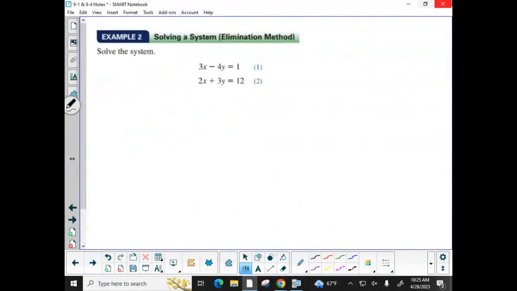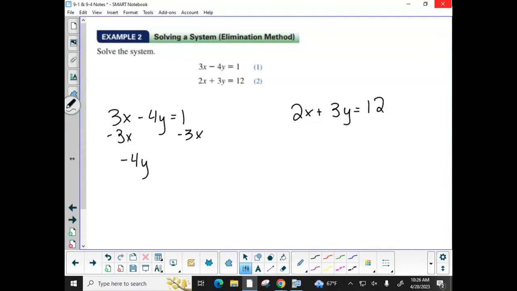I'll show you again. All right, let's try this one. It says elimination method. We're not doing that. We're just doing this by calculator. So we got 3x minus 4y equals 1, and I got 2x plus 3y equals 12, right? Going the same thing, solving for y. That means we subtract 3x on both sides. I like to write my x's first, so mine equals negative 3x plus 1. Divide both sides by negative 4.